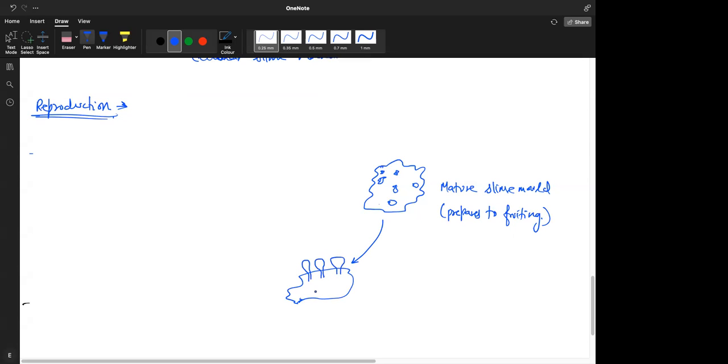You understand? Yes. So this thing here is called sporangium. And if it is sporangium, what is it containing inside? Spores. Exactly.